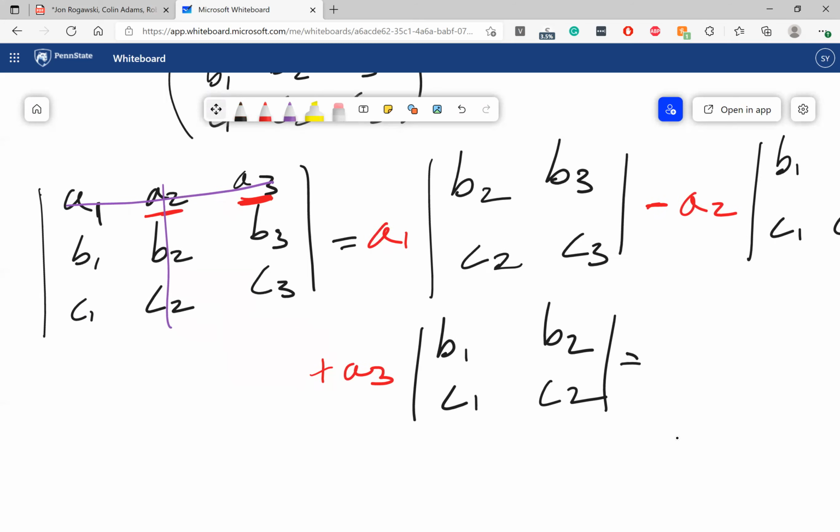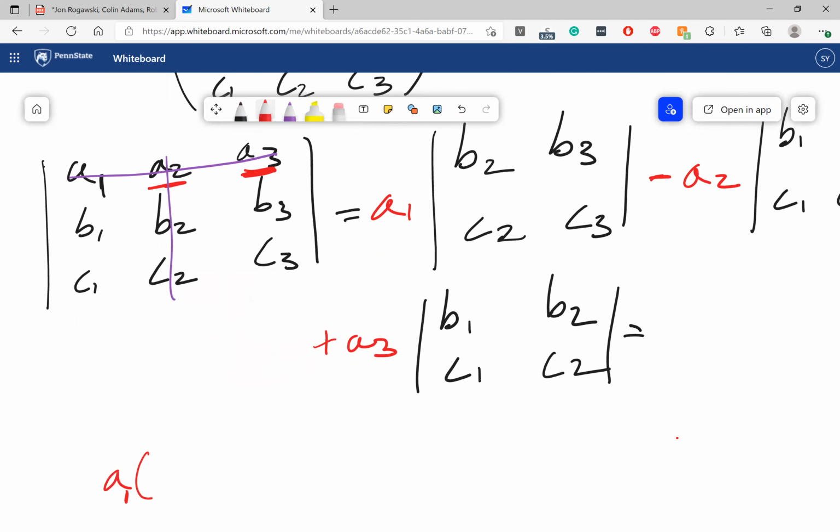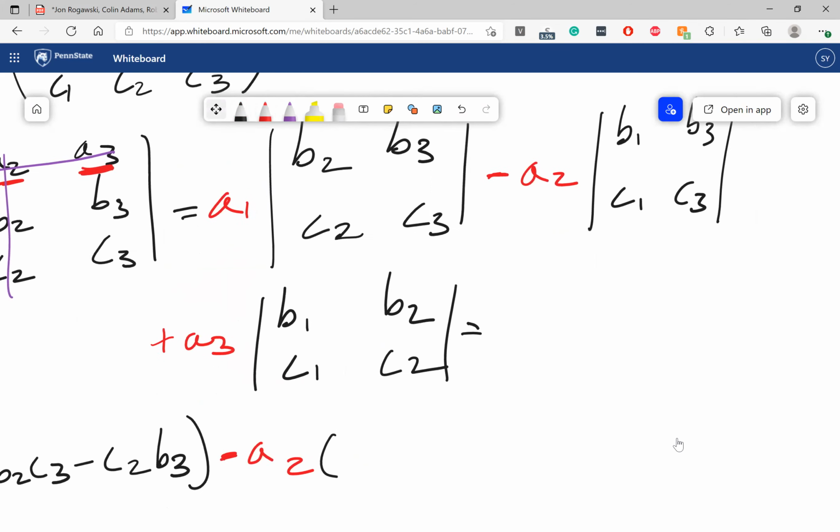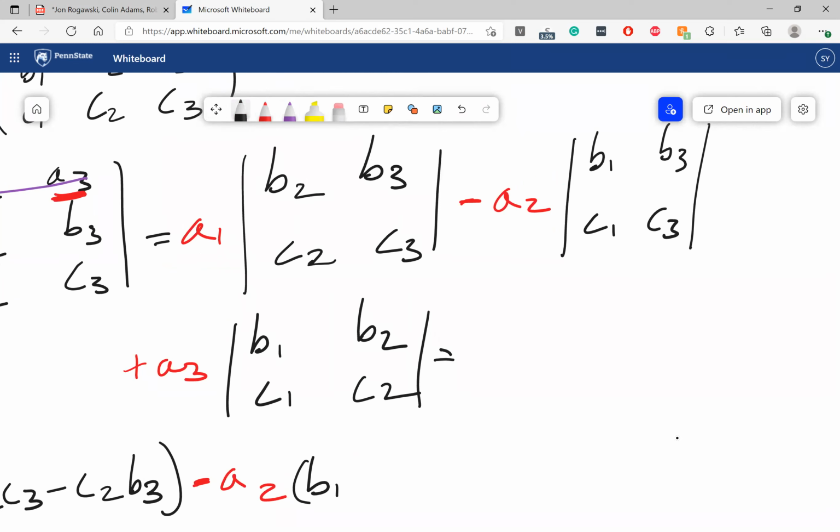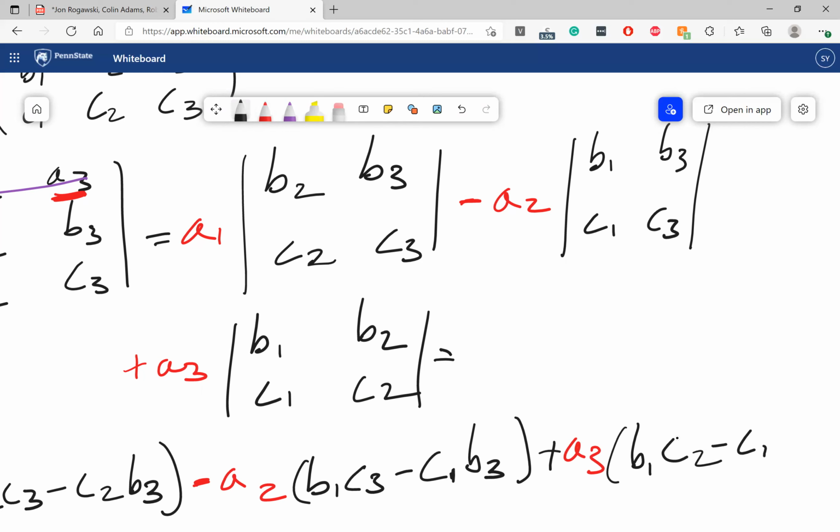So this will be equal to our A1 times B2, C3 minus C2, B3, minus A2 times B1, C3 minus C1, B3, plus our A3 times B1, C2 minus C1, B2.